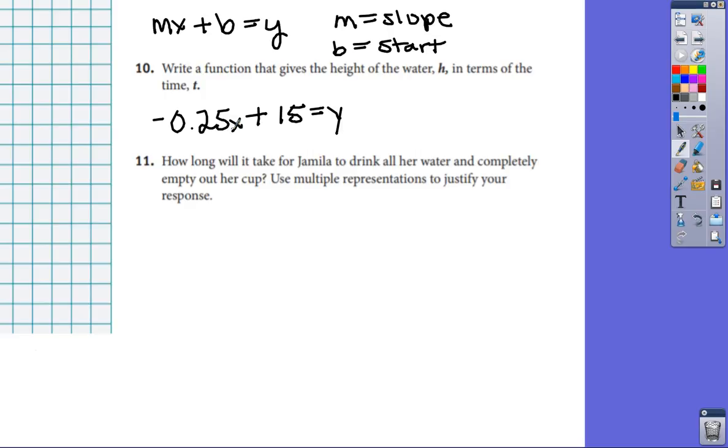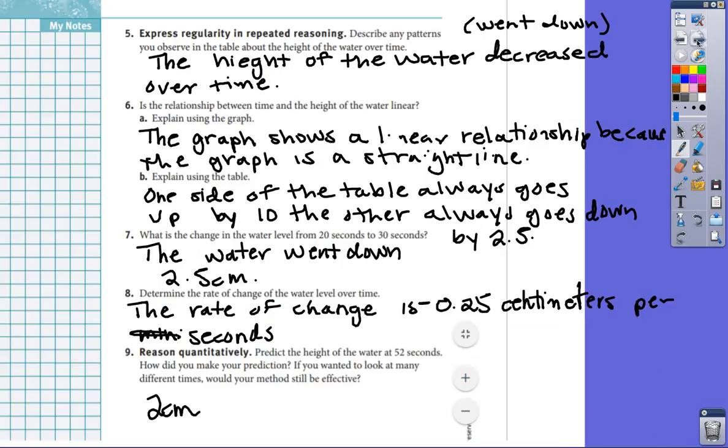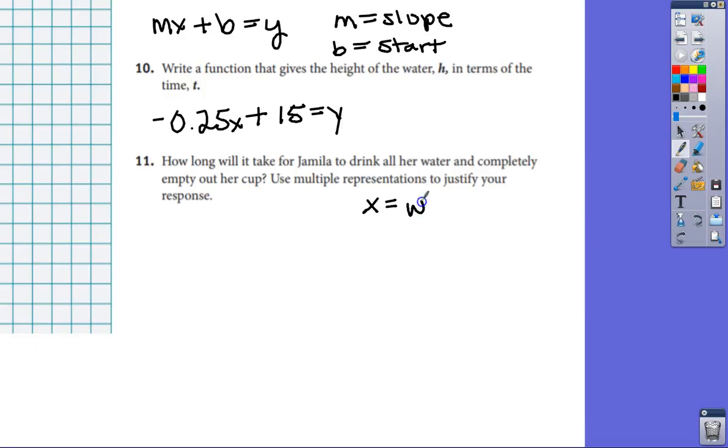How long will it take for Jamila to drink all her water and completely empty out her cup? Use multiple representations to justify your answer. Okay, so if we know x is going to be, so our x is the water, and our y is time, okay? We want to know this. This is what the question asks.